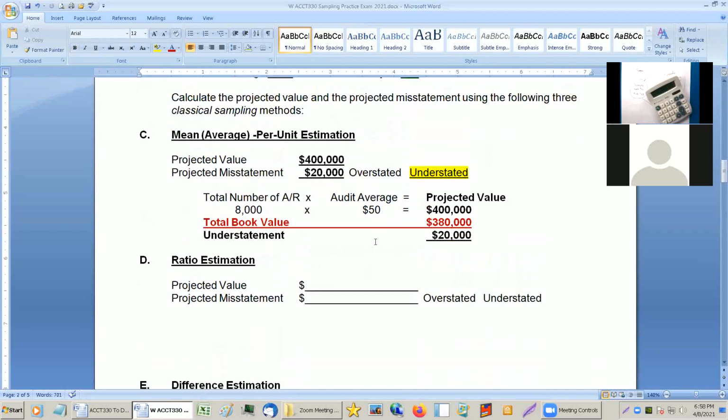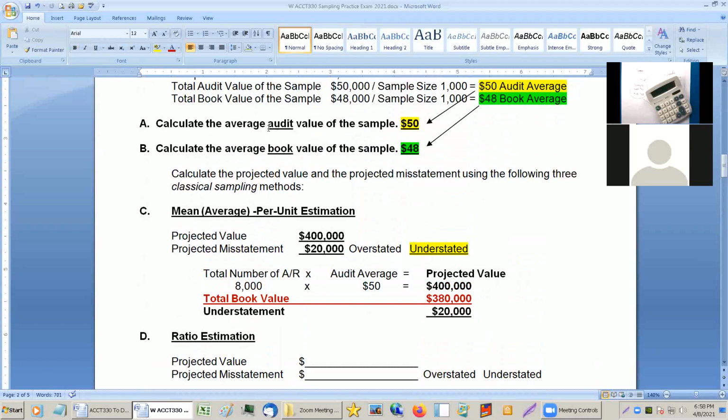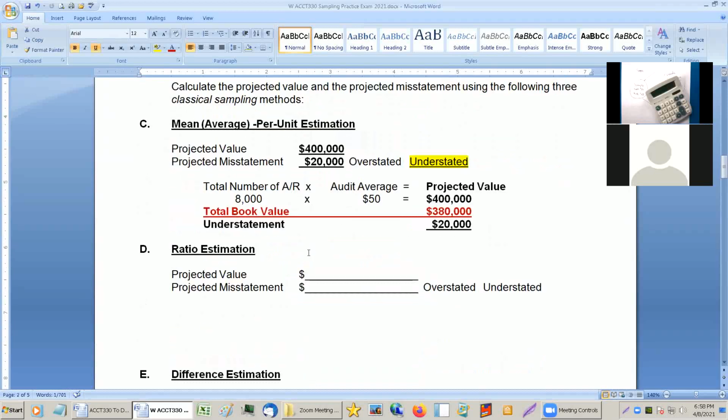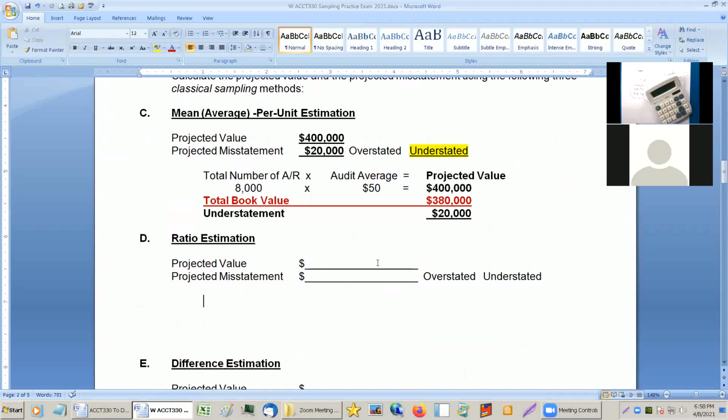And if you forget which one goes on top, it goes alphabetically. I don't know why that is, but audit over book. There's actually tons of things in accounting with the ratio that are alphabetical for some reason. Audit average was $50.